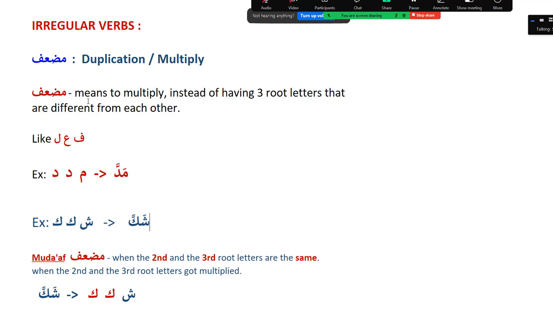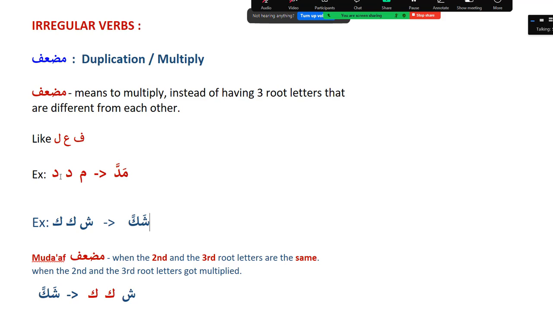And muda'af means to multiply. Instead of having three root letters, like we generally have three root letters, fa, ain, and lam, right? That are different from each other, like nasara, daraba, sami'a. In this lesson 17, the double lettered verbs, the two letters are repeated, like madda, right? What are the actual letters in madda?